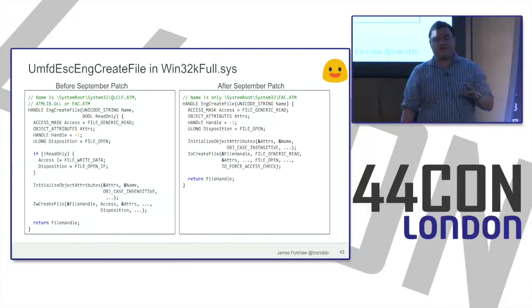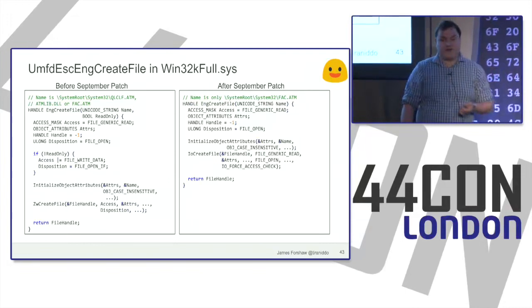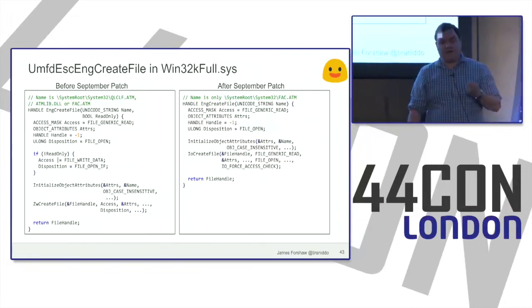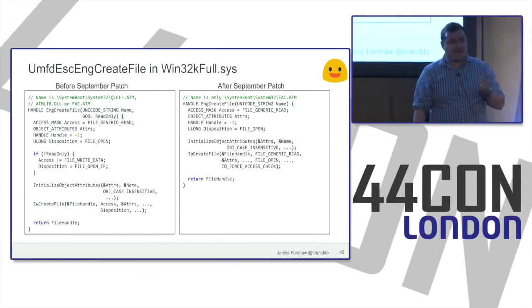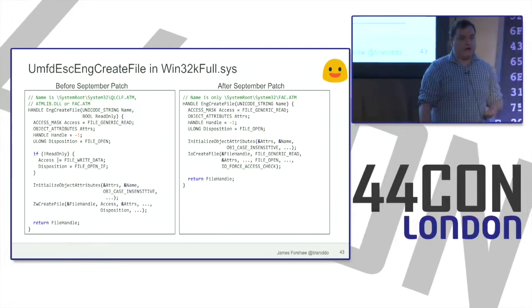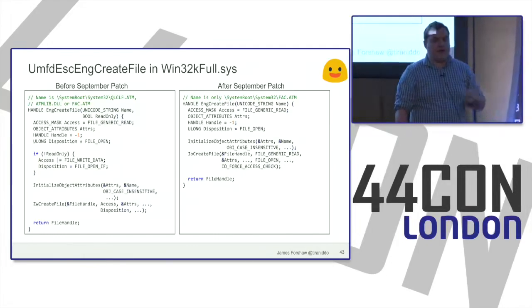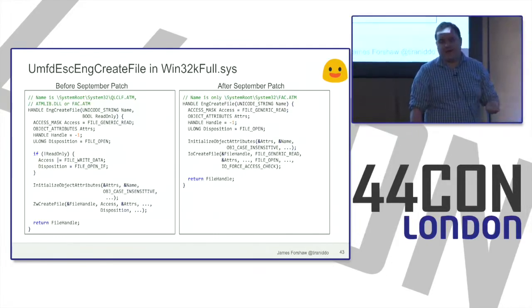Technically, you could only write to specific files, but because it was using the ZW form of create file, it allows you to create with write access to that file, and it also gave you the handle back. It didn't create a kernel handle. You could get access to that handle, create a symbolic link, a file-level symbolic link, and then write an arbitrary file anywhere on the file system.